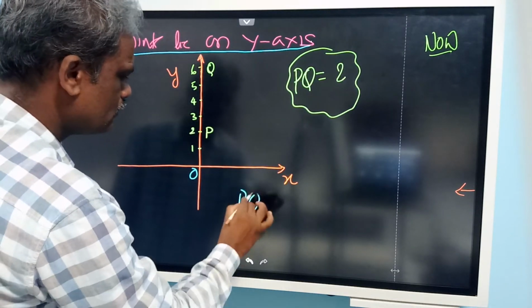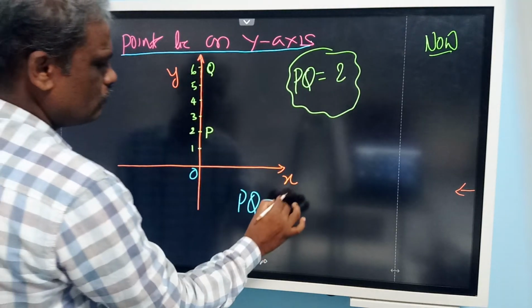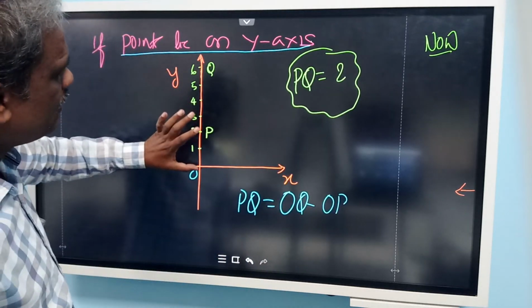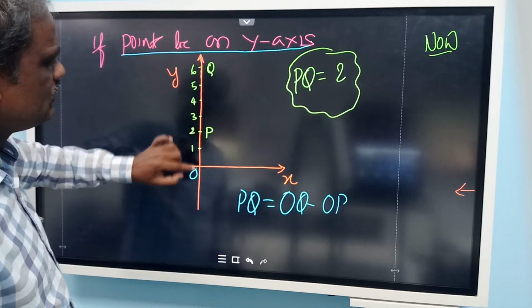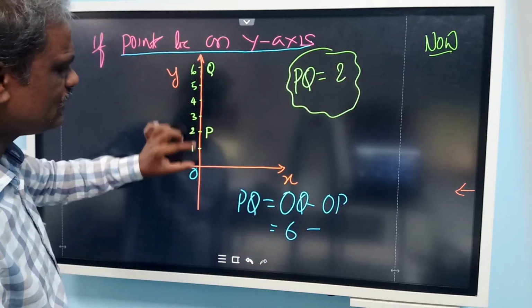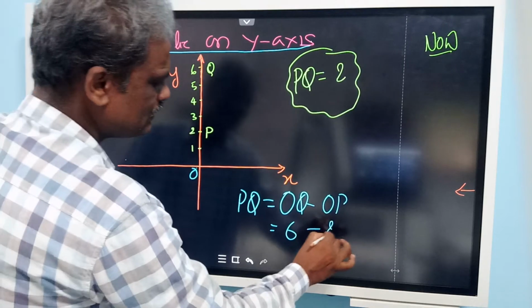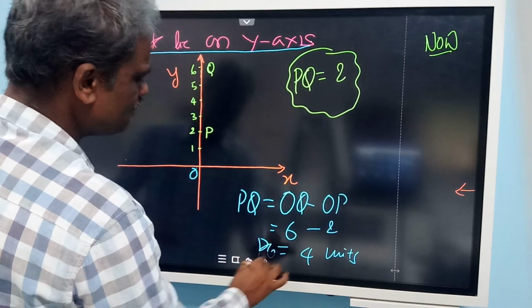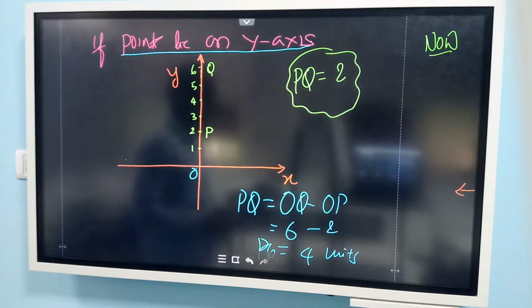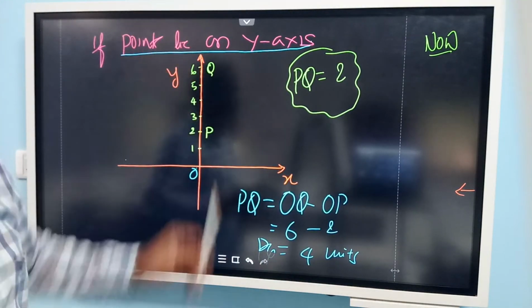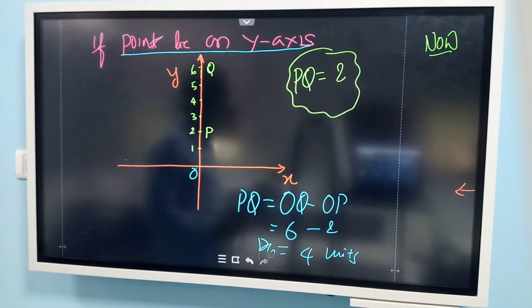So OQ minus OP. OQ is the distance from the origin to this point Q, 6 units, minus OP, the distance from origin to the point P, that is 2 units. So it is 4 units, PQ is equal to 4 units. That's how, if the points lie on the x-axis, it is easy. If the points lie on the y-axis, it is easy, direct subtraction only.